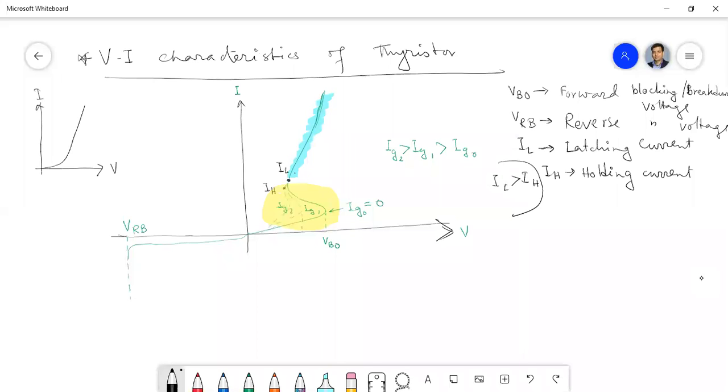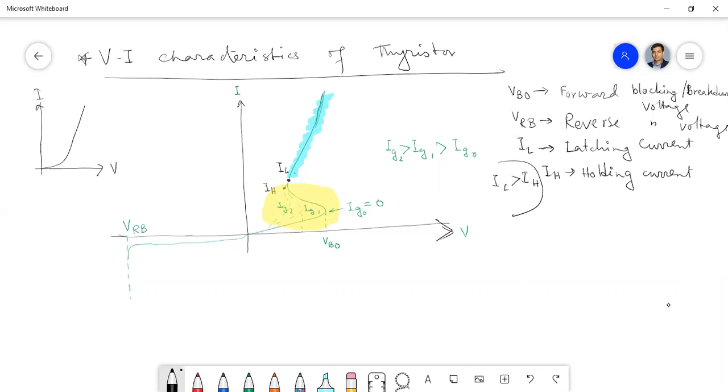Understood? Okay, so if Ig equals 0, then the SCR can withstand maximum voltage up to what voltage? VB0.